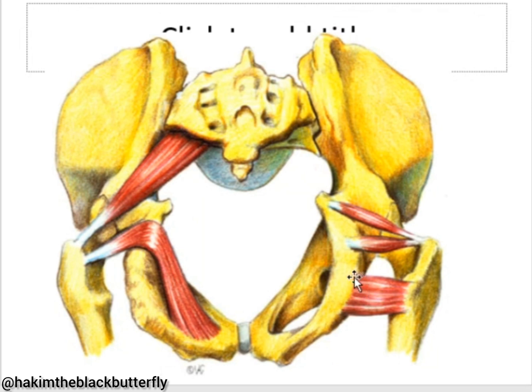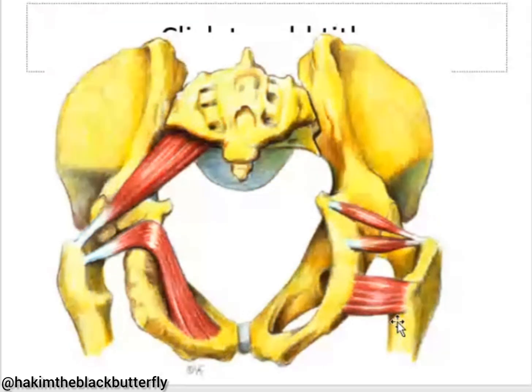You can see our quadratus femoris originating from the ischial tuberosity and inserting on the quadrate tubercle, which is between the greater trochanter and the lesser trochanter. These are the muscles which are known as the lateral rotators of the thigh.